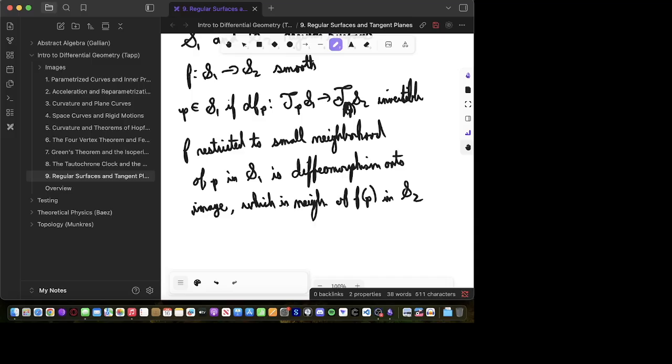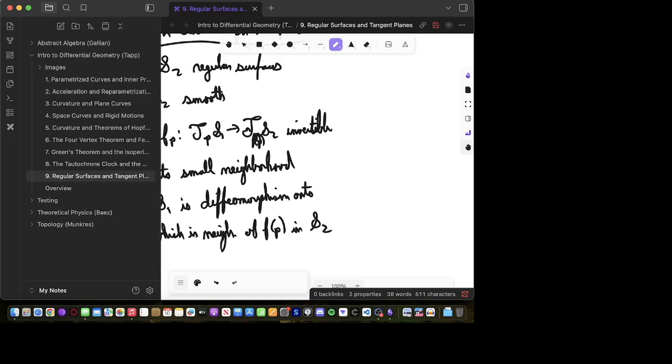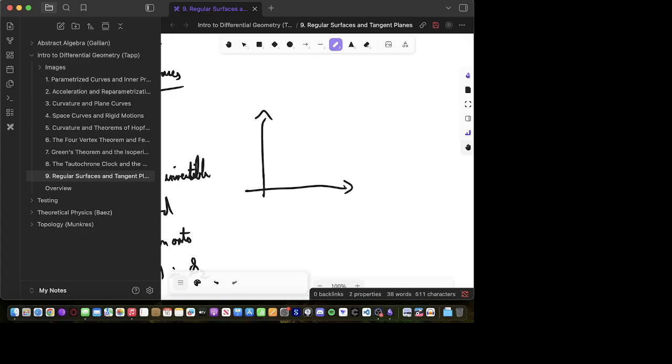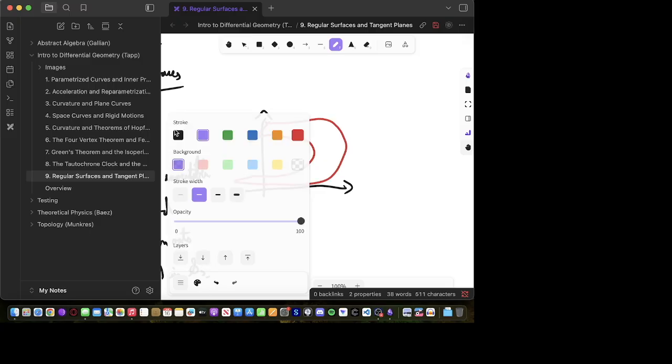So the proof is pretty long, so I'm just going to state the geometric meaning of it. Let's say we have a regular surface that looks sort of like this. Maybe it's kind of wacky.